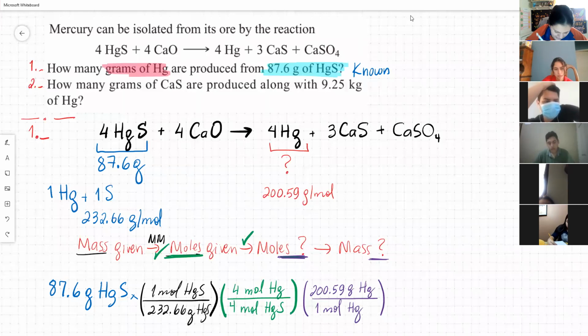Okay, so here you can cancel grams with grams, moles with moles, these other moles with these other moles.